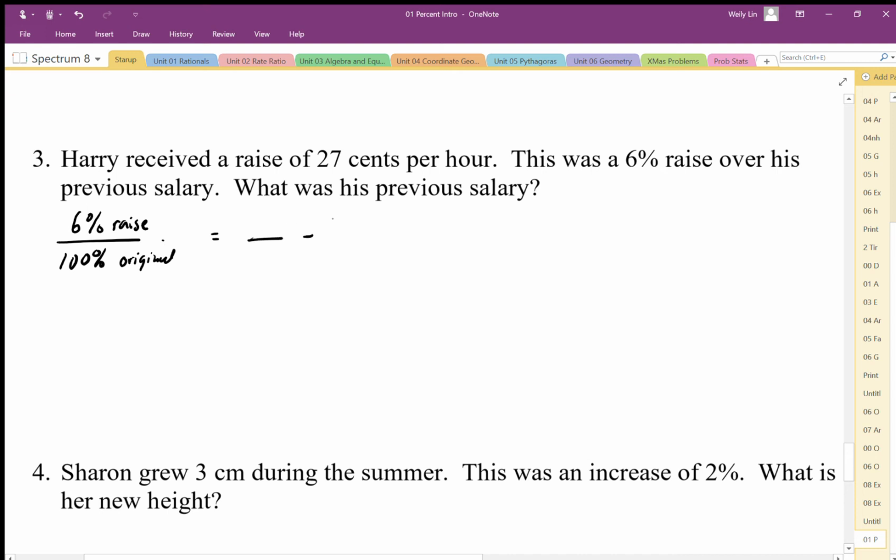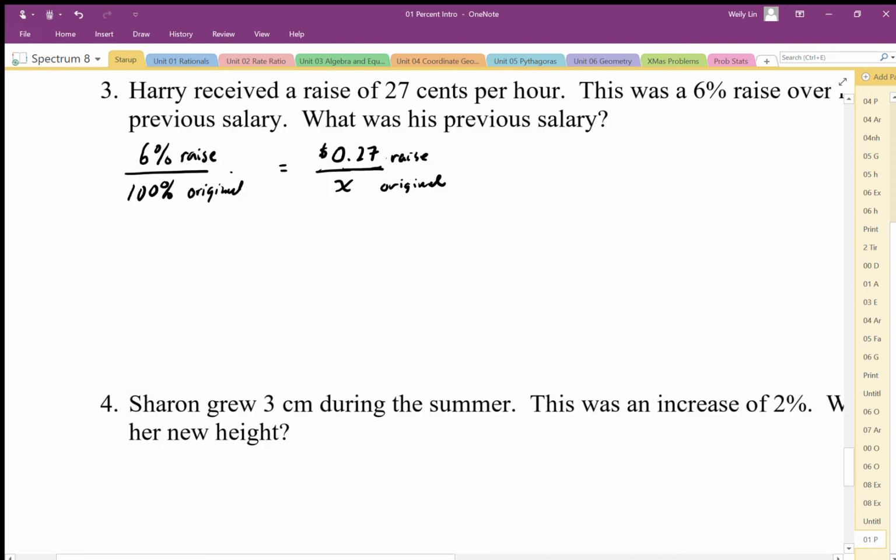And we can say that the 27 cents, I'm going to write that in dollars, so $0.27 is a raise. And we want to find out the total, or the original. Okay, that's my proportion, that's my comparison.